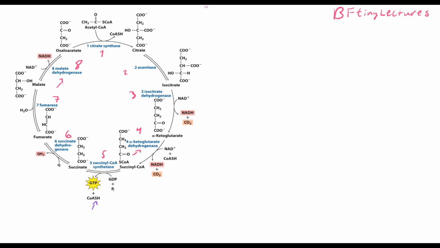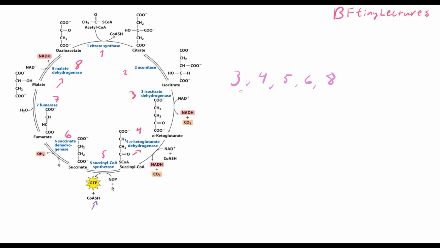So what are the most important steps that you need to remember? Well, the most important steps in the TCA cycle would have to be, in my opinion, steps 3, 4, 5, 6, and 8. Okay? So even if you don't know what happens, like, oh, well, I don't remember that citrate converts to isocitrate.